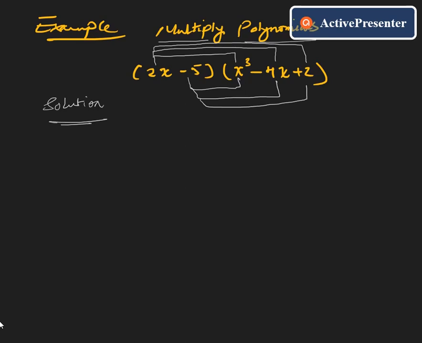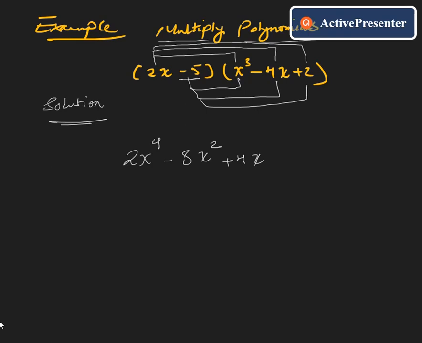2x multiplied by x cubed is 2x to the power 4, and 2x multiplied by minus 4x is minus 8x squared. 2x multiplied by plus 2 is plus 4x.